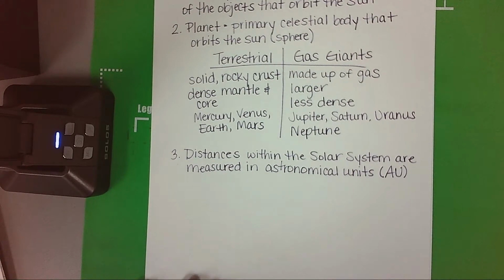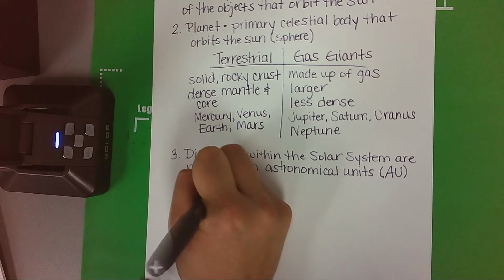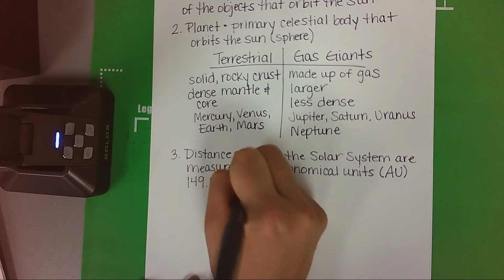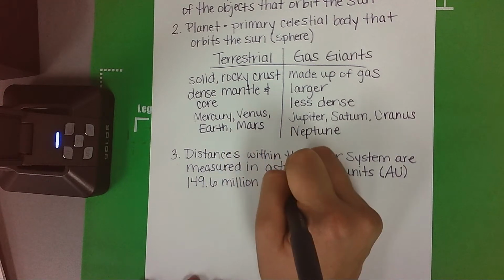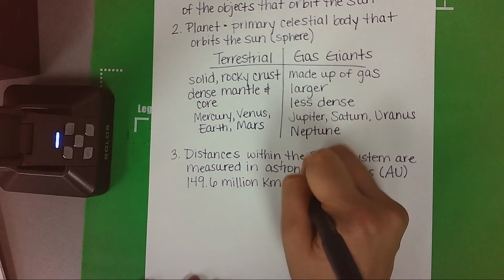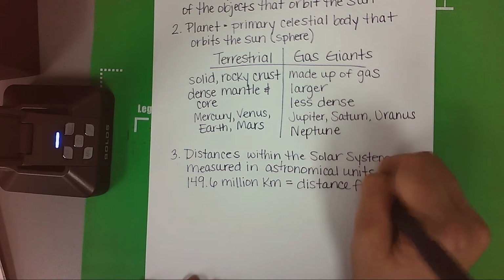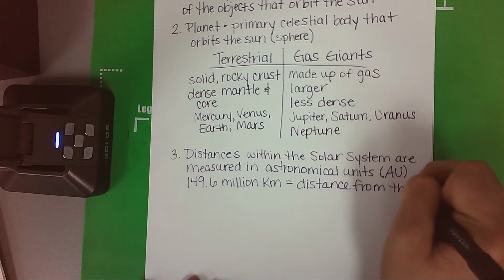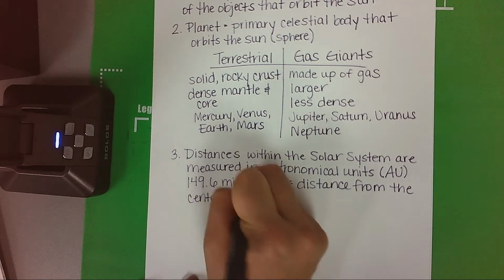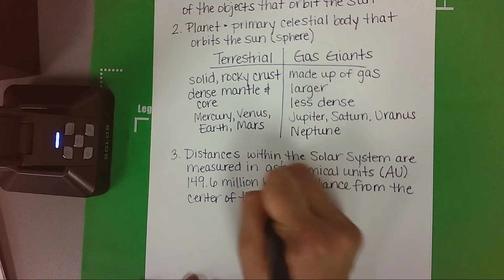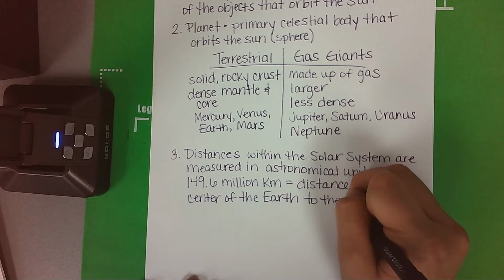So when we're talking about what is an AU, it would be 149.6 million kilometers, and that is the distance from the center of the Earth to the center of the Sun.